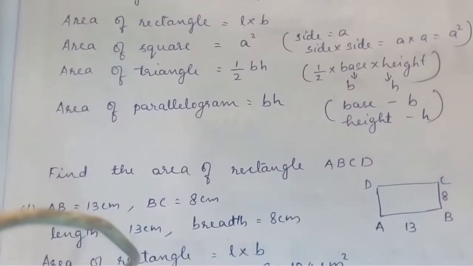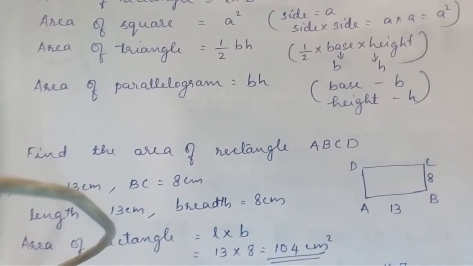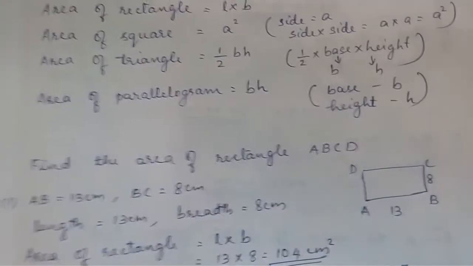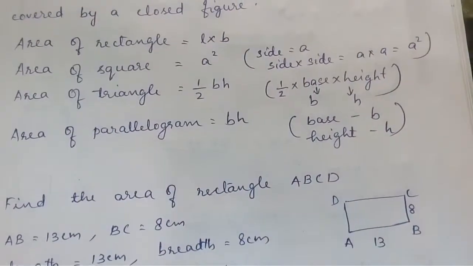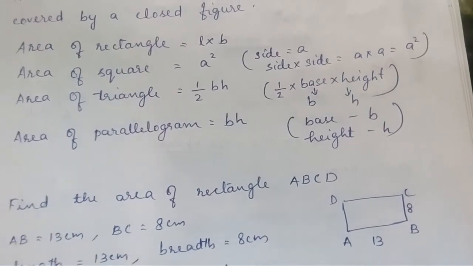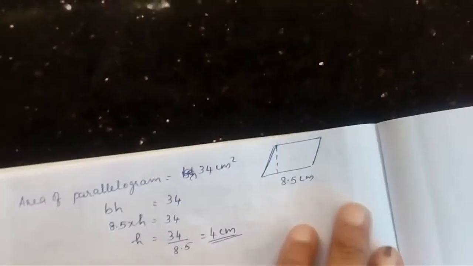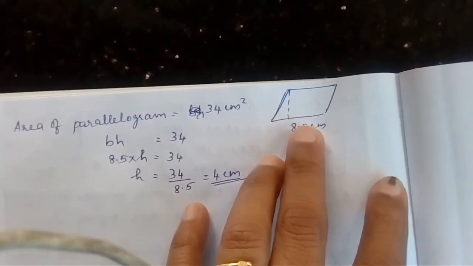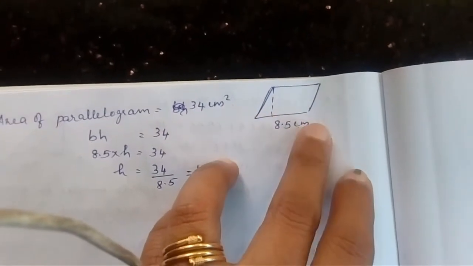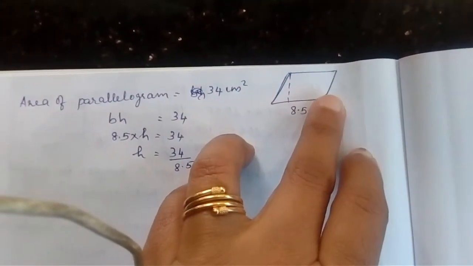Then area of parallelogram is BH, that is base into height. For a parallelogram, this is the example. Here, parallelogram's sides are like this.